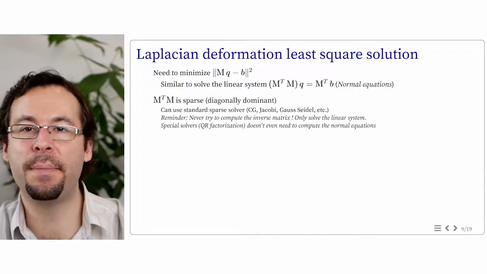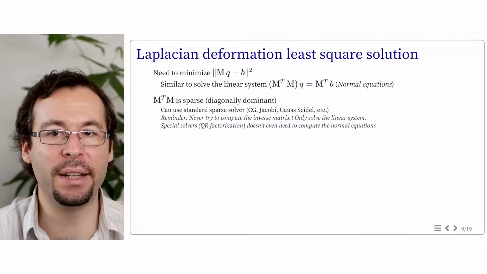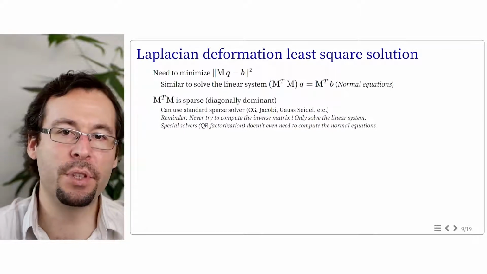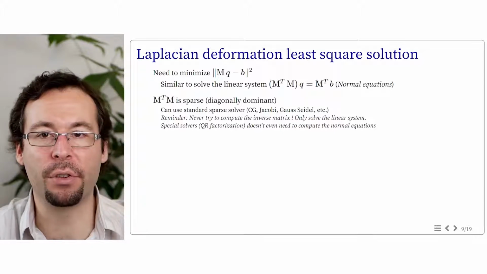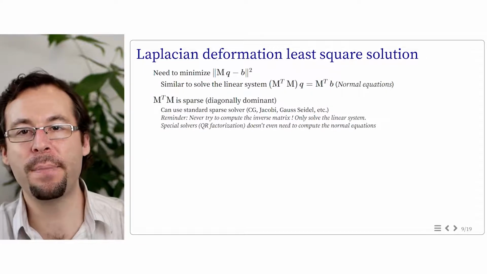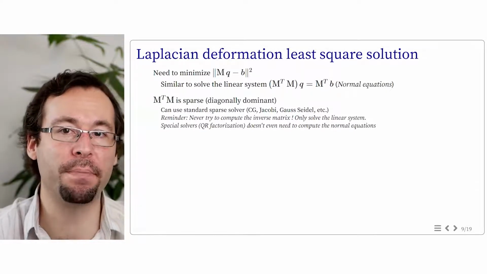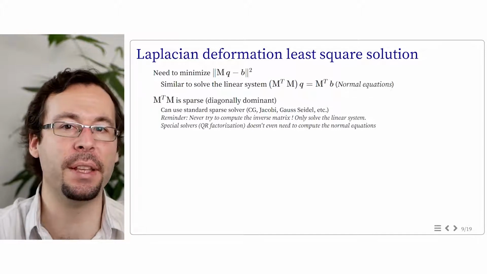M is a sparse matrix and M transpose M is also sparse and is diagonally dominant. We can use some standard sparse system solver like conjugate gradient or Jacobi or Gauss-Seidel methods. As a reminder, never try to explicitly compute the inverse matrix (M transpose M) inverse.